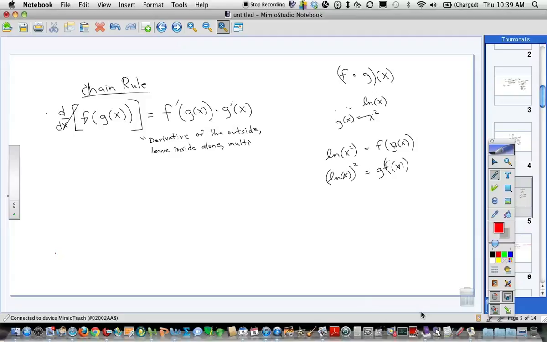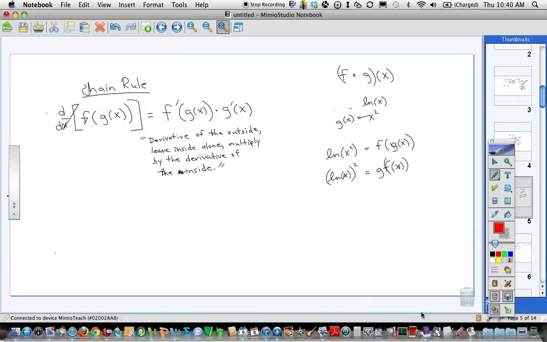Multiply, and it's important that you multiply by the derivative of the inside. That is the chain rule. F of g of x. You do the derivative of the outside, f prime, you leave the g of x alone, times g prime of x, the derivative of the inside.